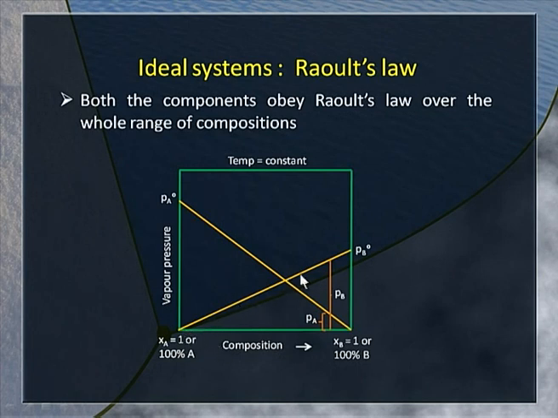You have a linear variation in the vapor pressure of B. PB0 is the vapor pressure of pure B. Similarly, PA0 is the vapor pressure of pure A. And you can clearly see in both cases it is a linear variation.